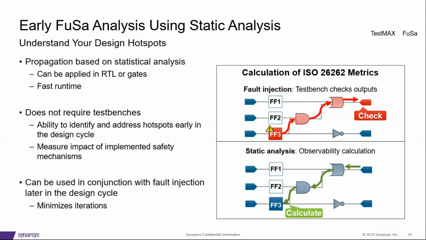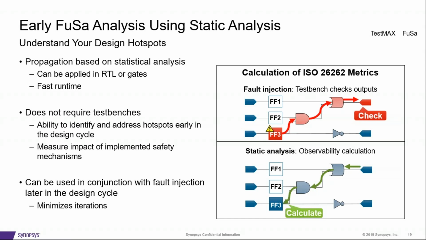We've got several products that can help you estimate the ISO 26262 metrics. One of them is a static analysis tool. So what you can do here is perform an early functional safety analysis so that you can understand design hotspots.